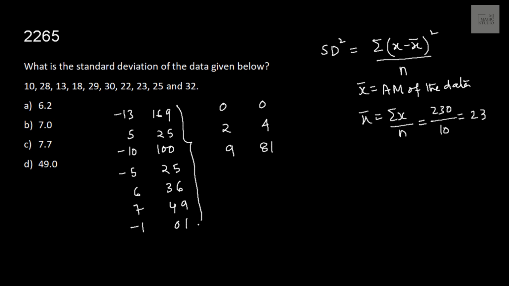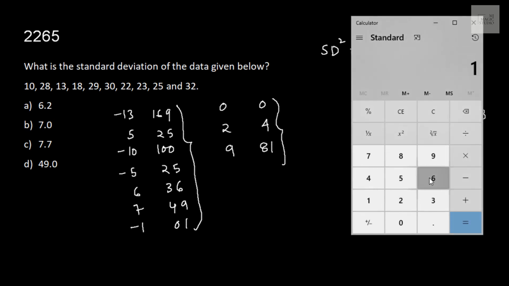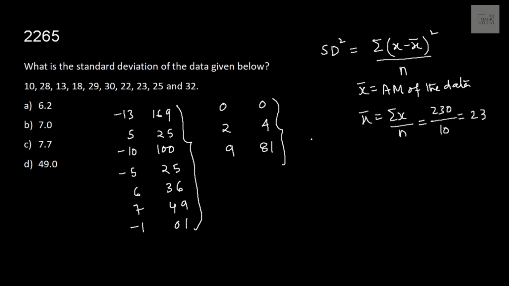We need the sum of these squared numbers which we have calculated. That would be 169 plus 125 plus 25 plus 36 plus 50 plus 85, and that is 490.